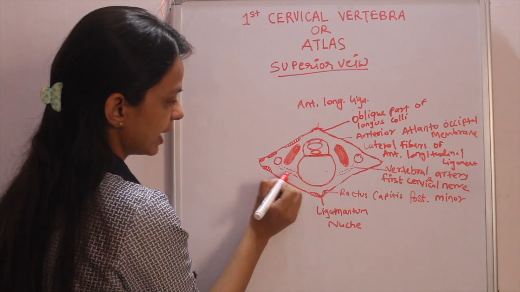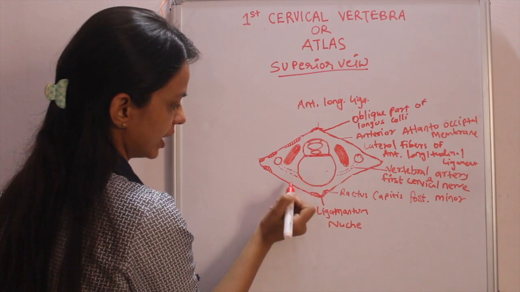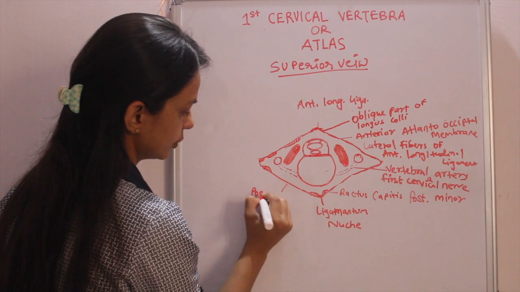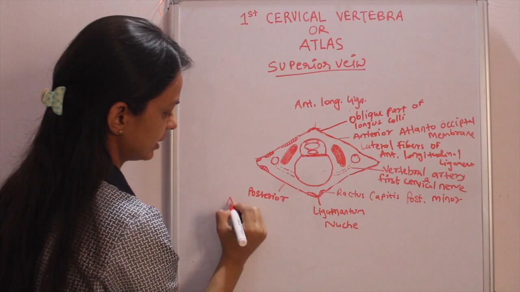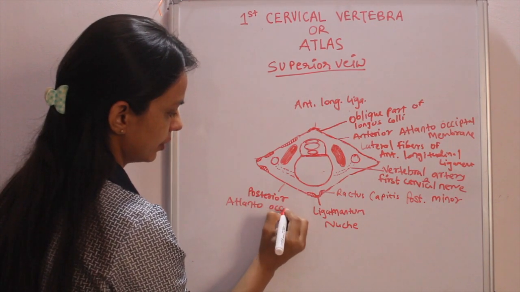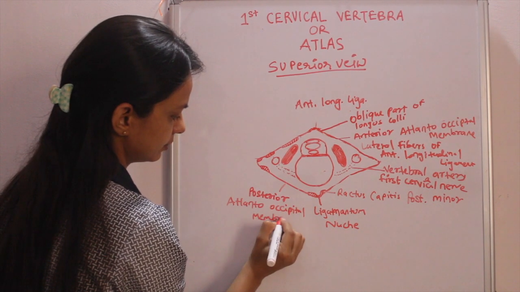Behind this groove, the upper border of the posterior arch provides attachment to the posterior atlanto-occipital membrane.